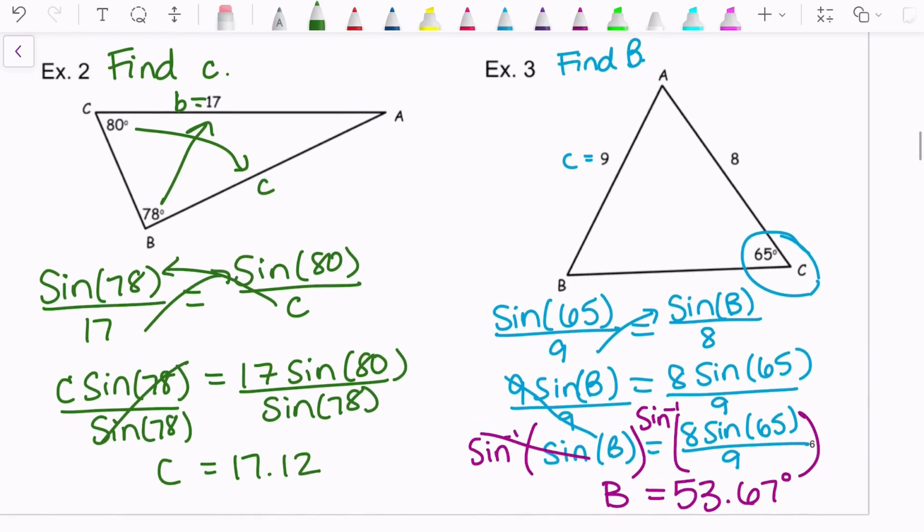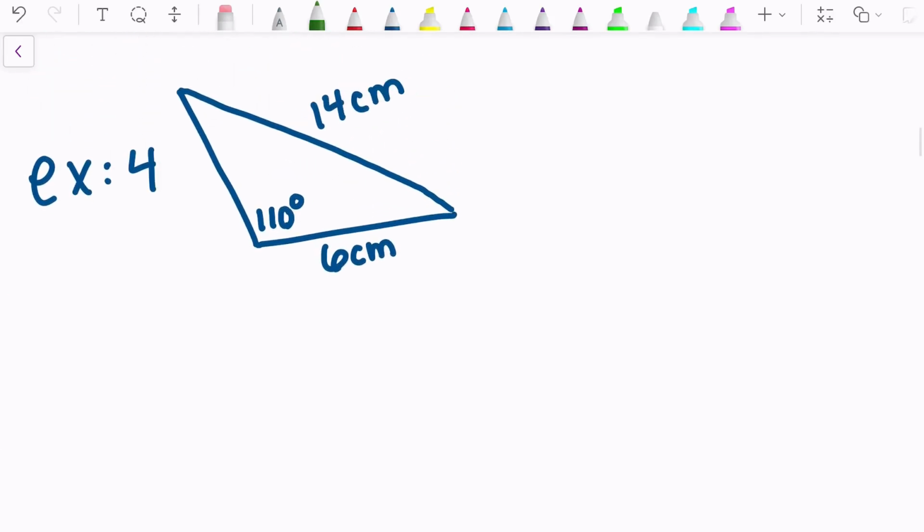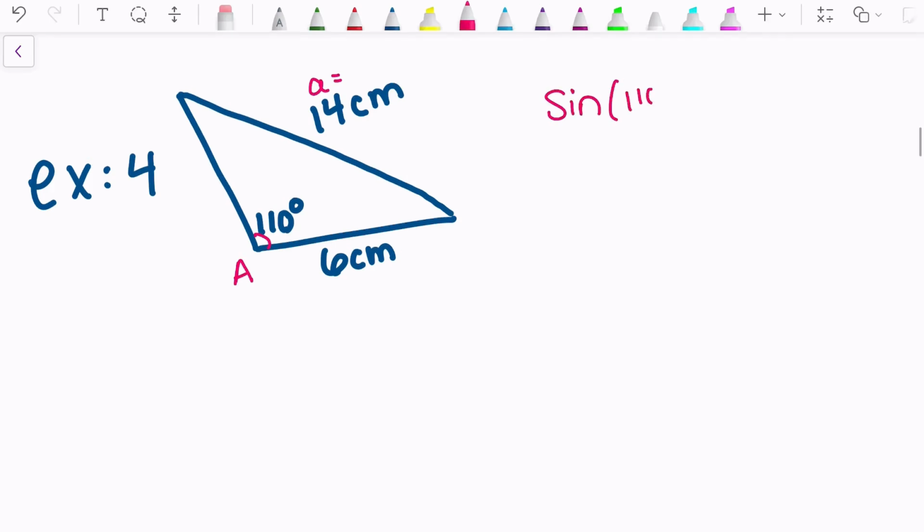All right, one more example of finding an angle. I just drew one out because I didn't have one. And so I'm going to call this A, why not? So if that's angle A, then this would be side A. So I have a pair. So the sine of 110 over 14 is equal to the sine of my missing angle B. I just made up the letters myself.